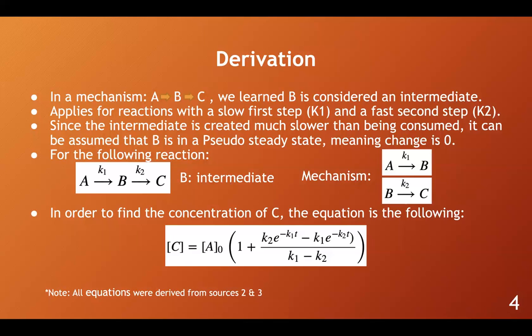Generally, in order to find the concentration for C, we would be using the following equation, which seems to be very complicated, where we take the concentration of the reactants and then we multiply it by the variables shown right here. Just to note, all the equations and pictures are taken from sources 2 and 3.